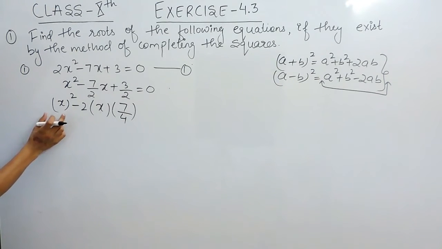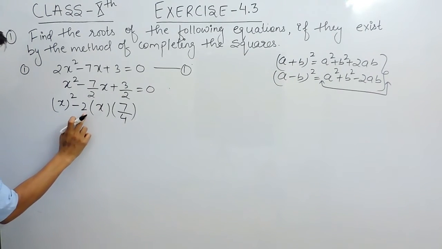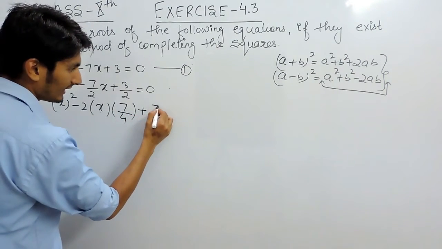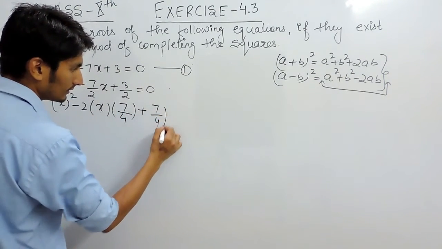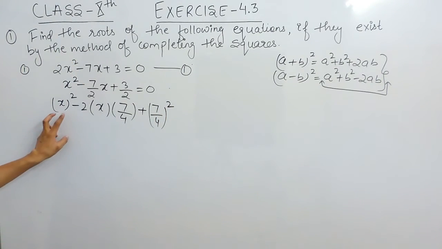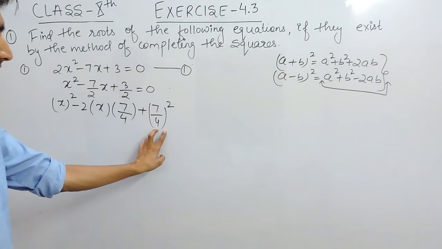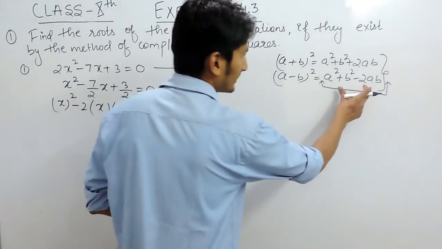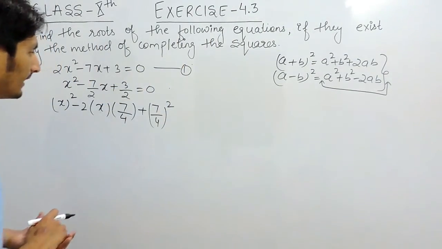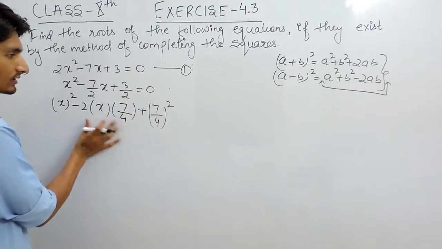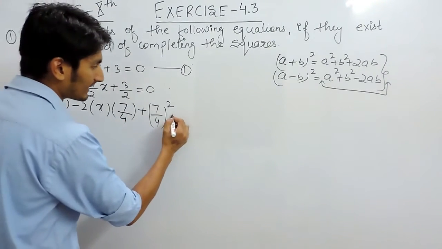So we have a square minus 2 into a into b, and we can add here b square. Now we have a square plus b square minus 2 into a into b, so we have converted it into this form. But we can't add this term without subtracting it.